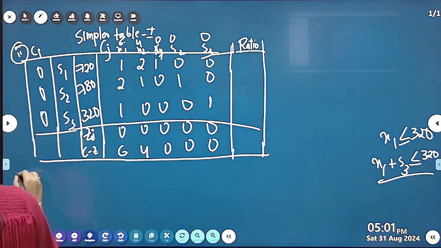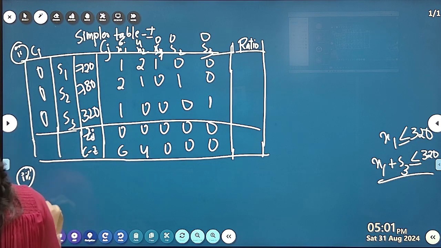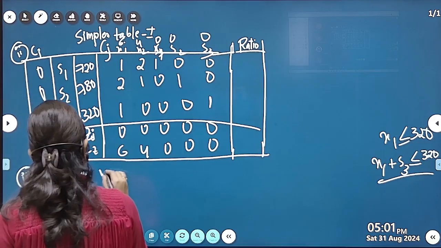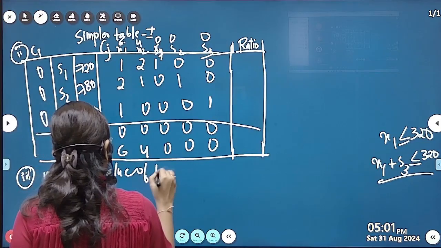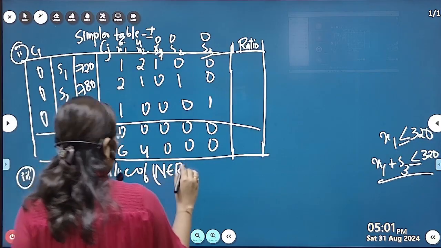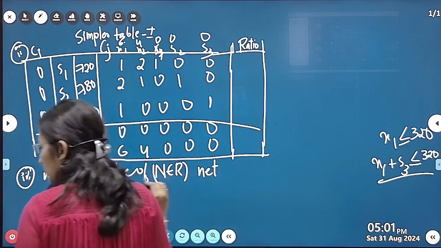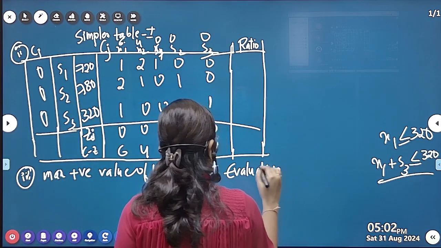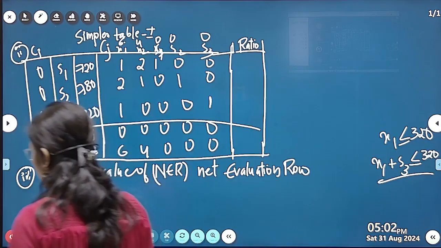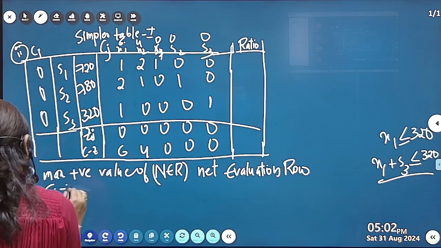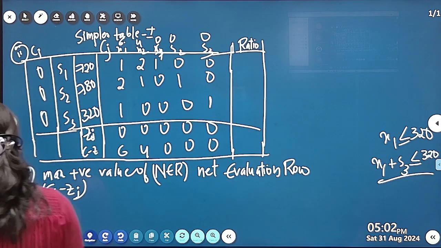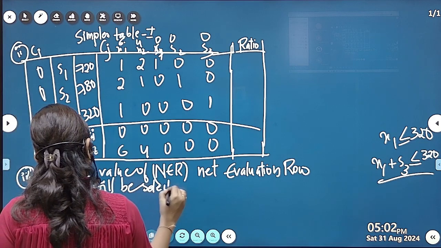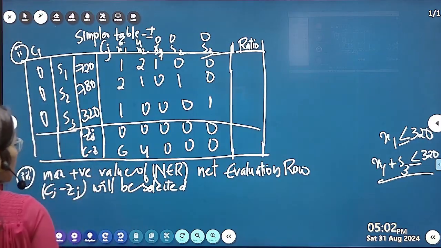This is the second step, and the third step will be: the maximum positive value of NER, net evaluation row, that is Cj minus Zj, will be selected.